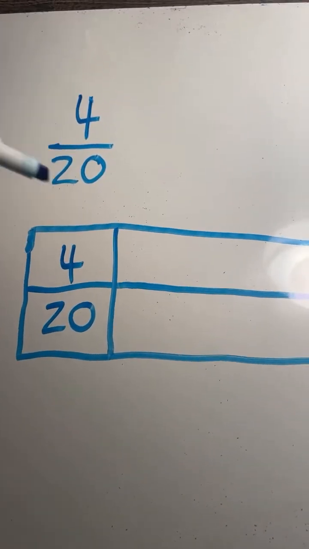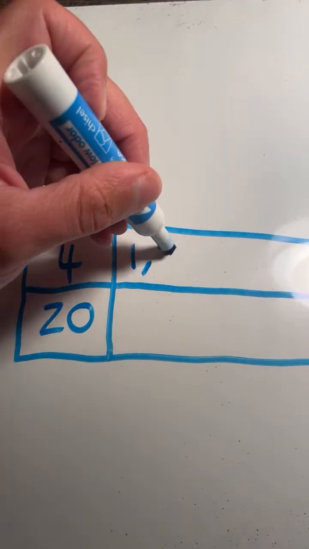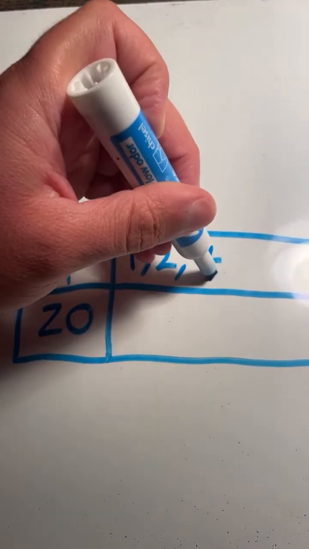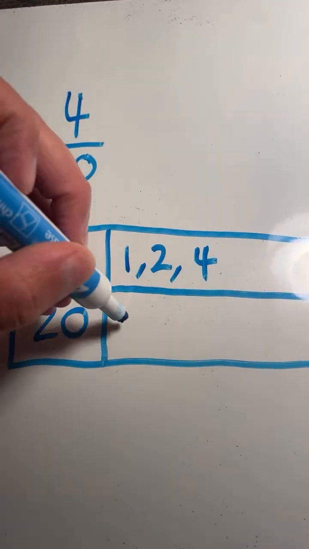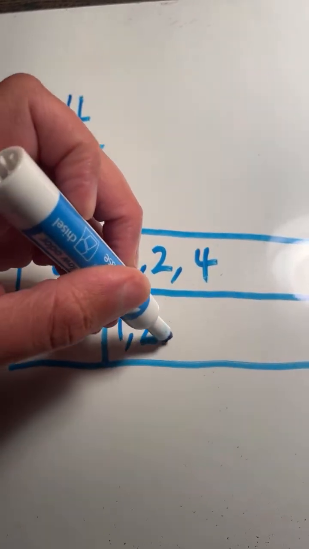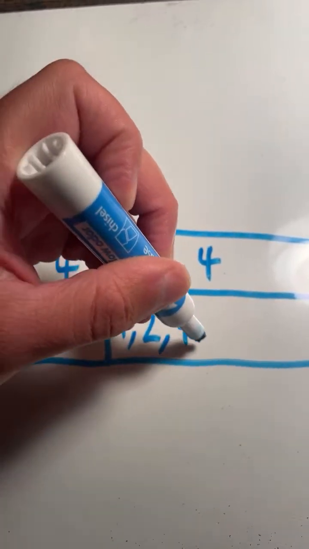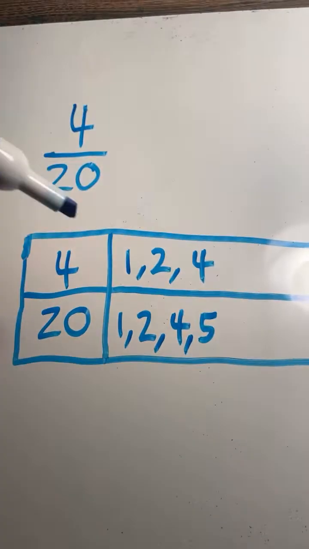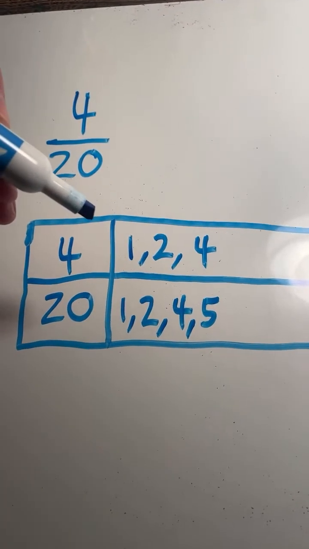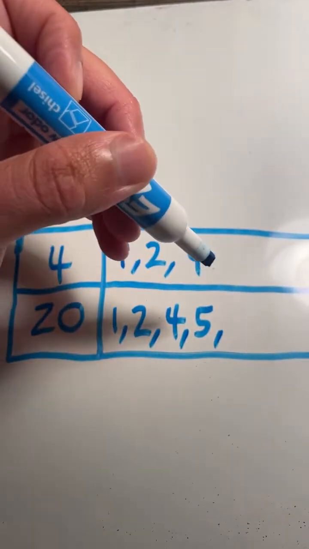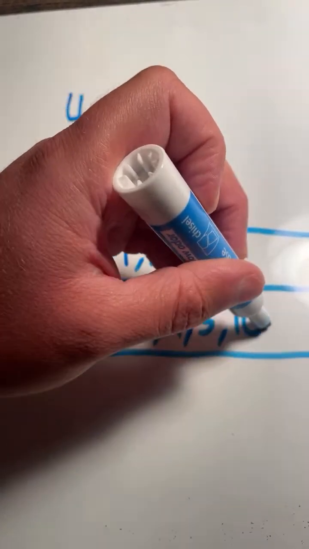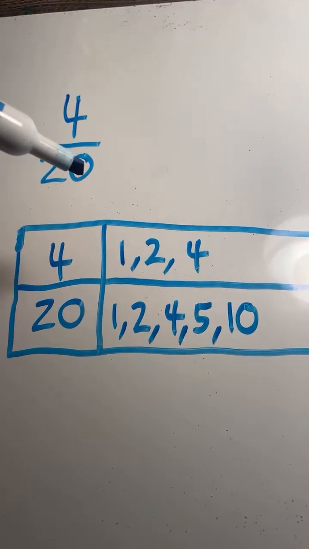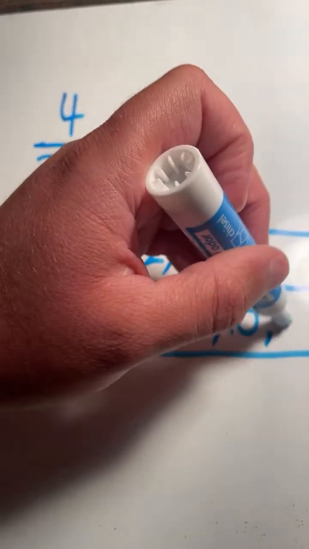So the factors of 4 are 1, 2, and 4. The factors of 20, we have 1, we have 2, we have 4, we have 5, we have 10, and we have 20.